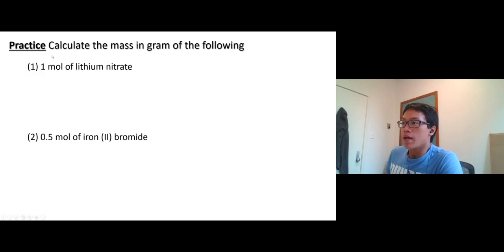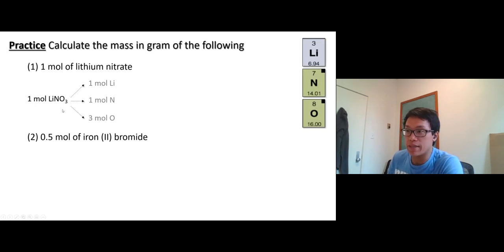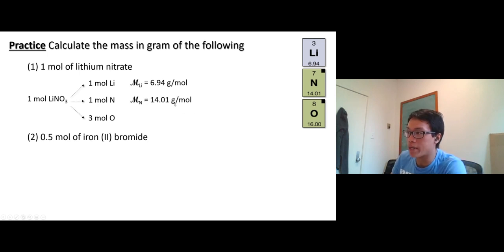All right. Calculate the mass in grams of the following. Do it on your own and then check with me. Lithium nitrate: 1 mole of lithium nitrate. What's in it? There is 1 mole of lithium, 1 mole of nitrogen, and 3 moles of oxygen. Now look for the mass of each one. 1 mole of lithium weighs 6.94 grams per mole. 1 mole of nitrogen weighs 14.01 grams, and 1 mole of oxygen 16 grams.